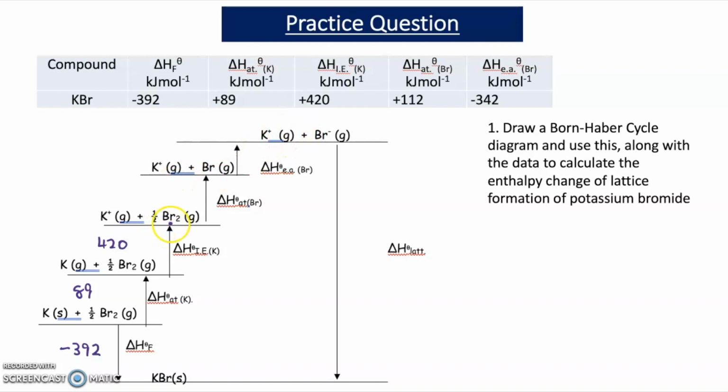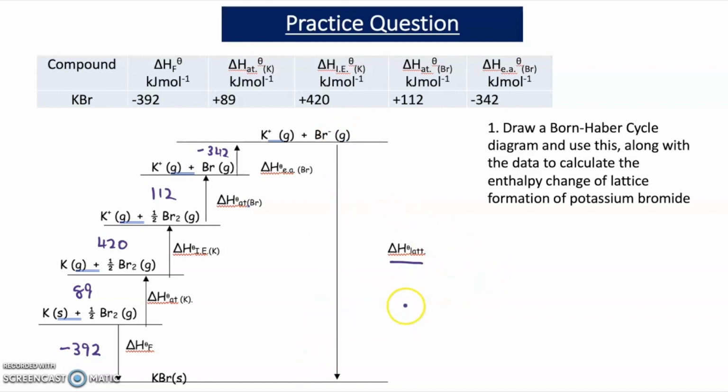I have the atomization enthalpy of bromine, where I'm forming 1 mole of gaseous bromine atoms, and that is equal to plus 112. And then I have the electron affinity for bromine, where I'm forming 1 mole of gaseous Br- ions, and that is equal to minus 342. And then the enthalpy change of lattice formation is what I'm trying to find out.